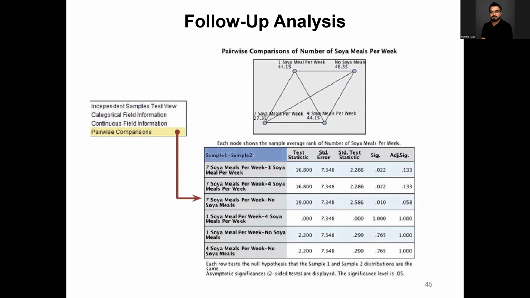But the p-value is not significant for 1 soy meal and no soy meal. Or it's not significant for 4 soy meals per week and no soy meal per week. But in general, overall, when I compare the 4 groups together, there is a significant difference.